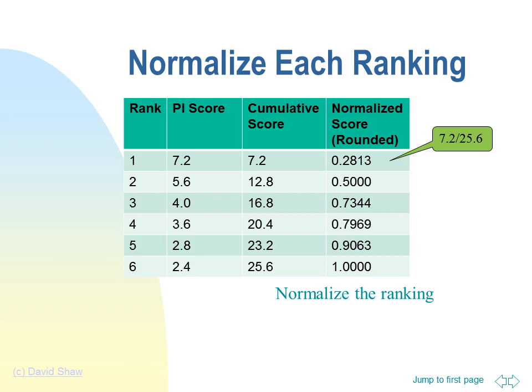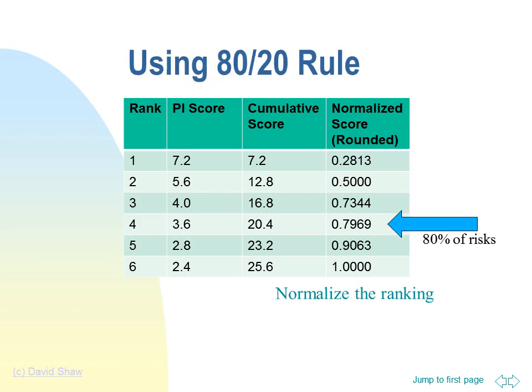Each cumulative score is converted to a percentage of the total score. Now we can use the 80-20 rule to identify 80% of the risk in our project. Using the 80-20 rule, we can see that risks 1 through 4 comprise the majority of risks, and we can focus on these for action.